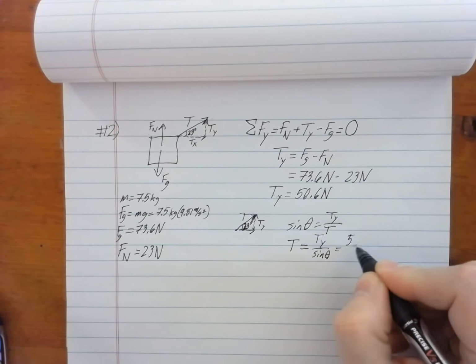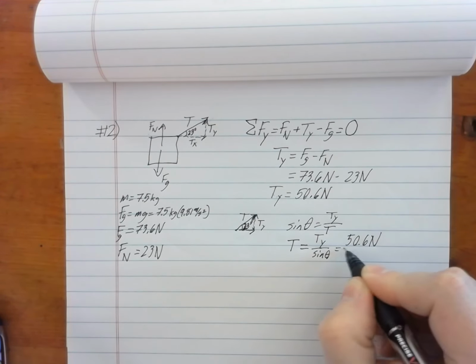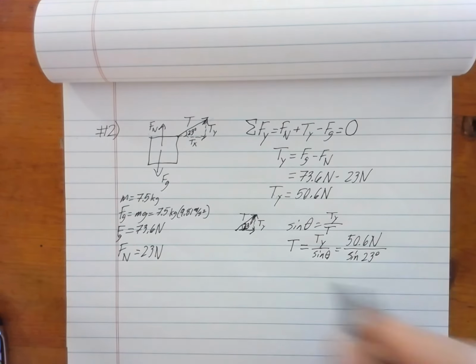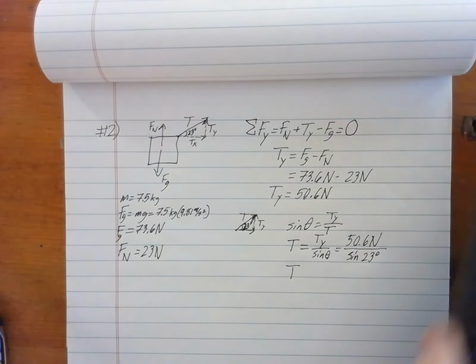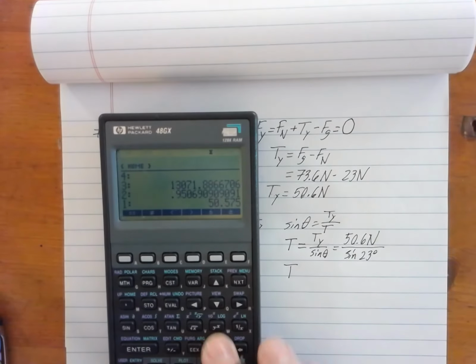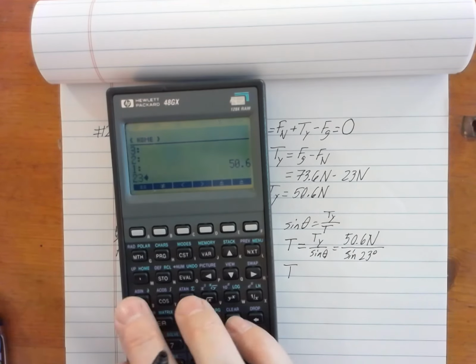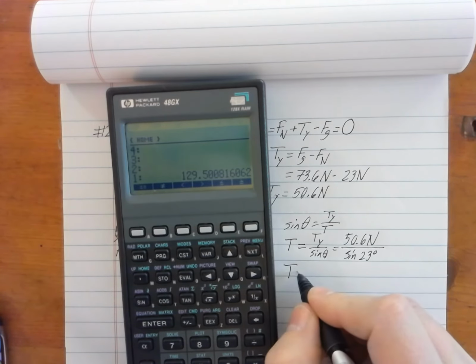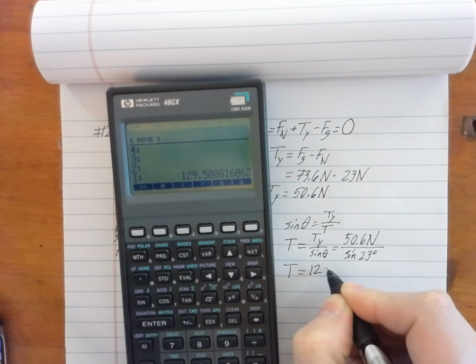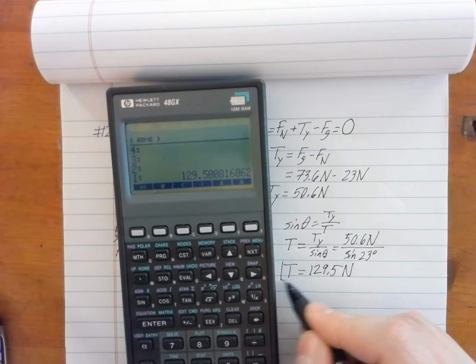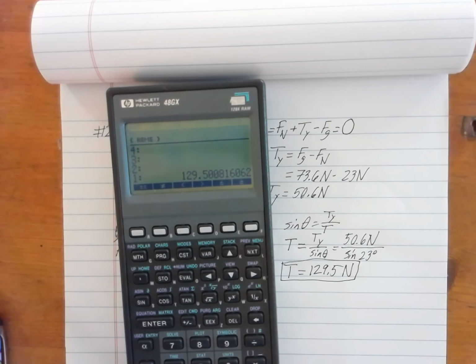So that would be 50.6 newtons divided by sine of 23 degrees. So our full tension here, let's see, 50.6 divided by sine of 23. So our full tension is 129.5. On the answer key, it's rounded to 130 for 2 sig figs. So that is number 2.